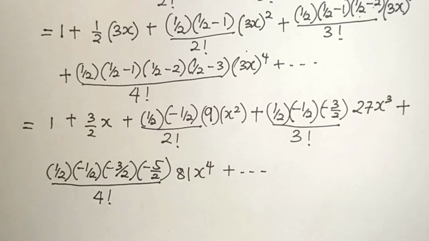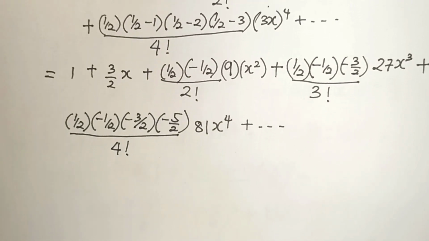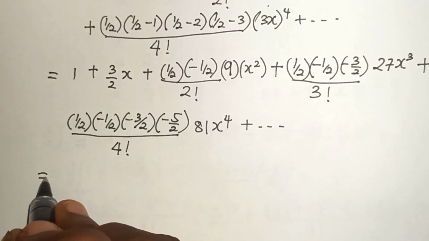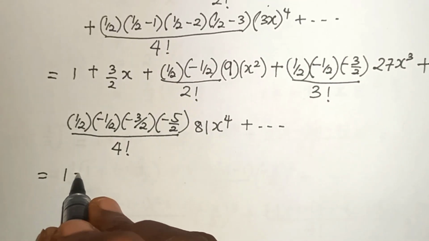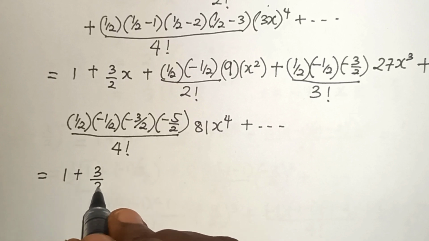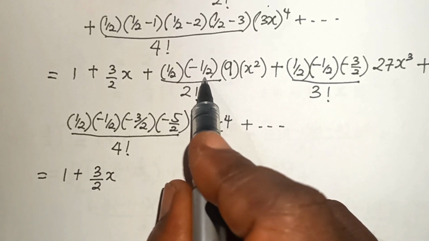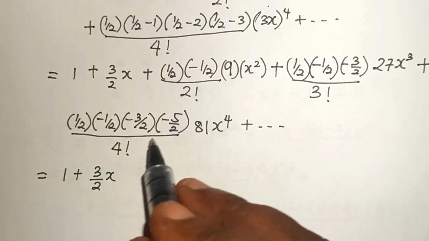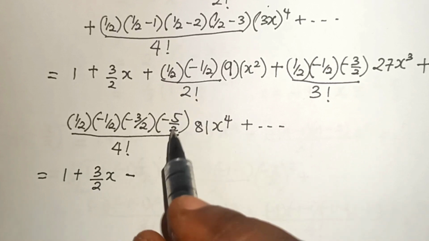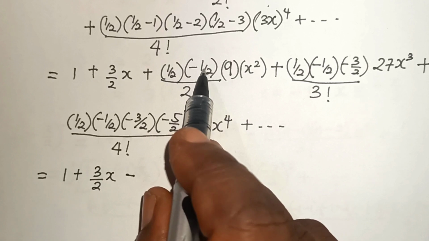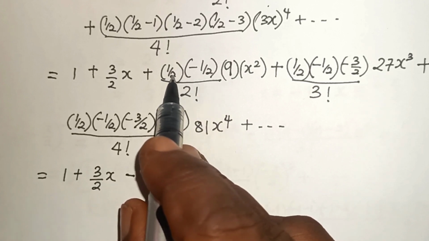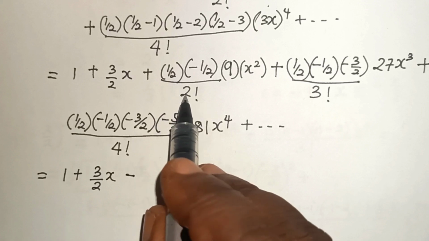So we'll simplify further to obtain 1 plus 3 over 2x. Here we have minus half multiplied by half gives minus 1 over 4.